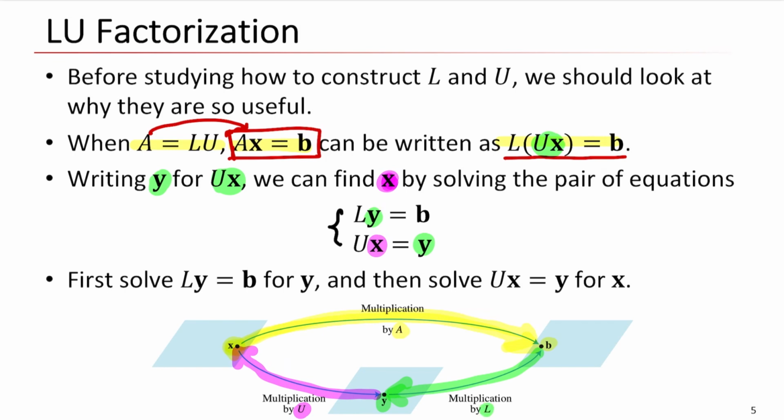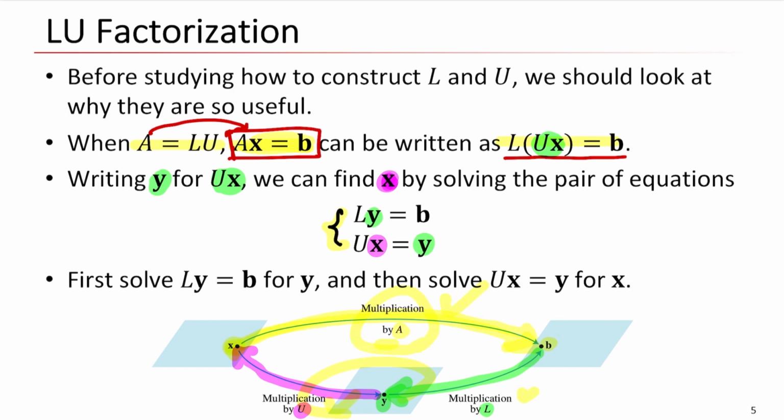Someone of you may say that, oh, when we compute Ax equals b, there's just one multiplication, but when we solve like this, there are two matrix multiplications. Then we can say that this one is so much more efficient than this one, right?